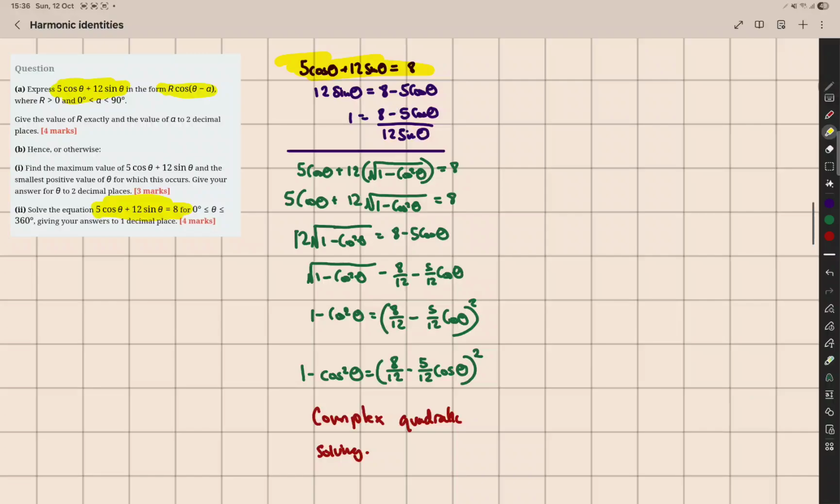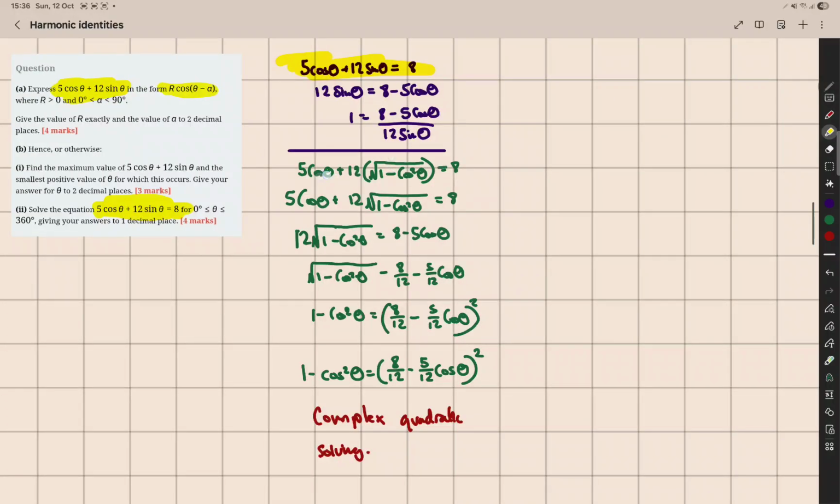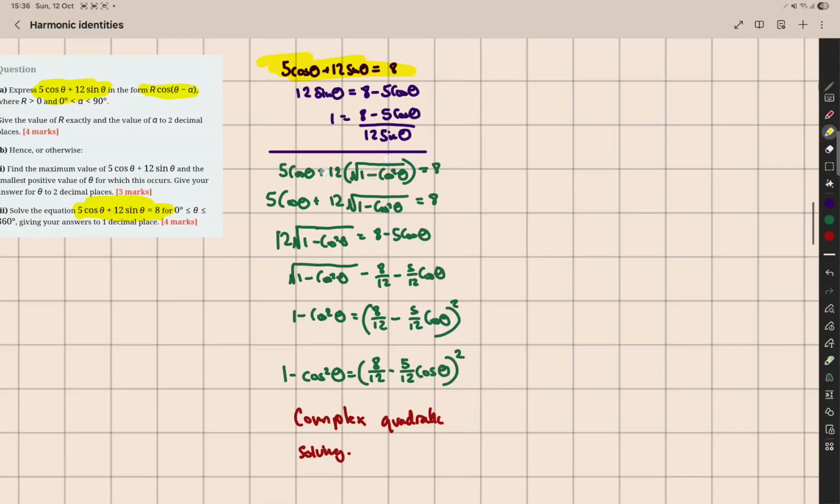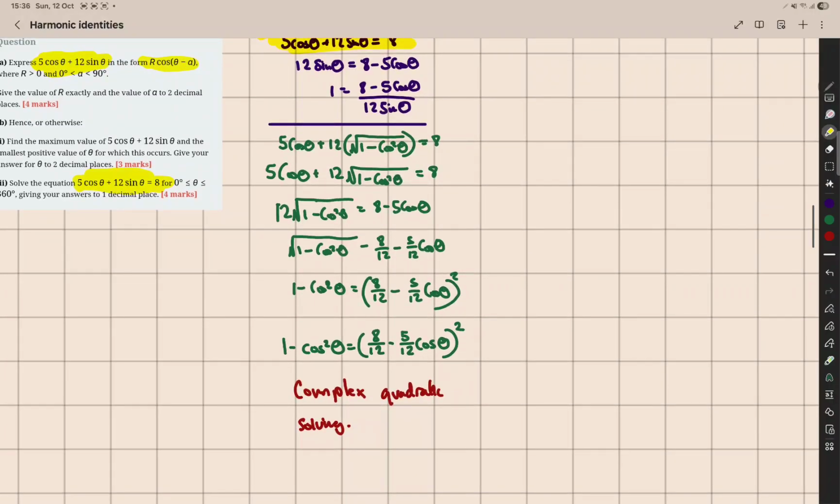The 8 is getting in the way. Here, you might say, I can replace it because I can use my trig identity: sine squared theta plus cos squared theta is equal to 1. Therefore, sine squared theta is equal to 1 minus cos squared theta.